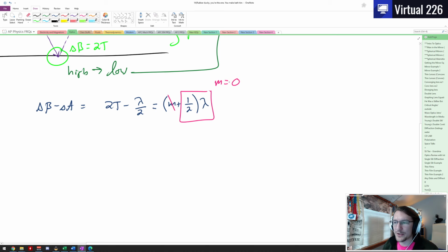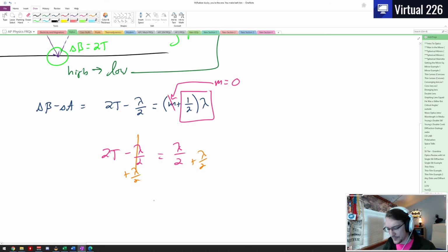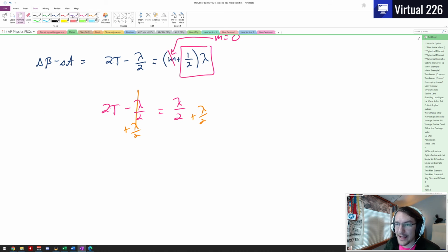So let's set m equal to 0 here. And in doing so, we get 2t minus lambda over 2 equals lambda over 2. Then we add a lambda over 2 over to the other side. Lambda over 2 plus lambda over 2 just gives us lambda. So we get 2t equals lambda, and then we simply divide by 2.